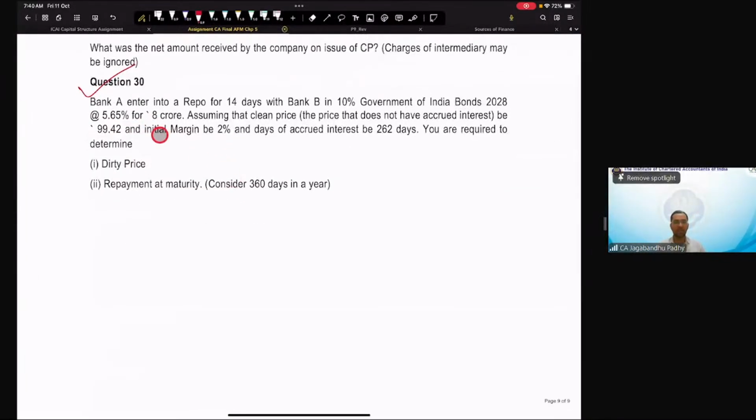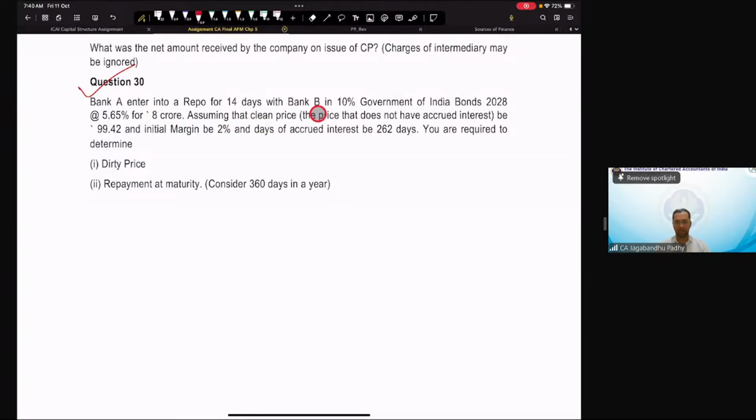Bank A enters into a repo for 14 days with Bank B. So it's basically a repo between 2 banks in 10% Government of India bonds 2028 at 5.65 crores for 8 crore rupees. So the value at which the repo transaction is undertaken is 8 crores.